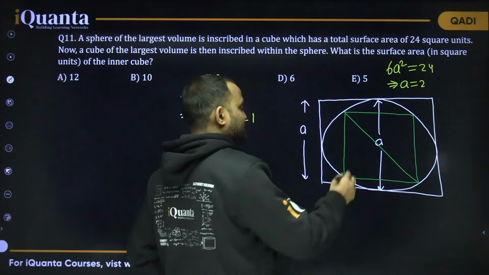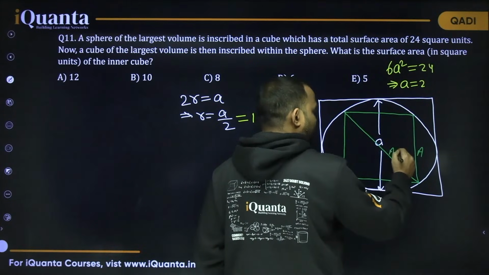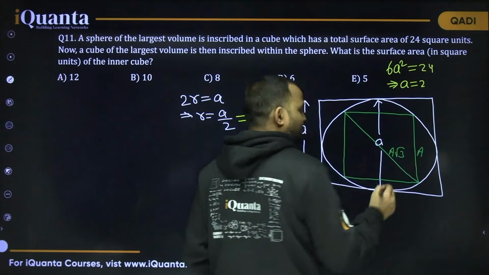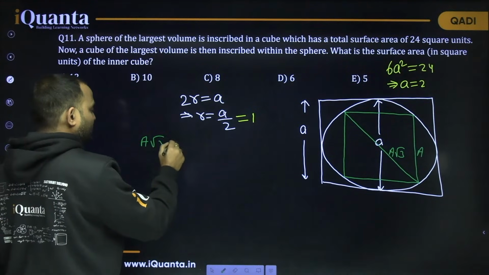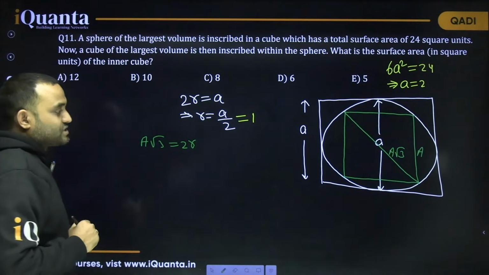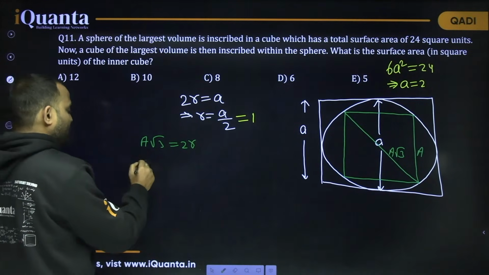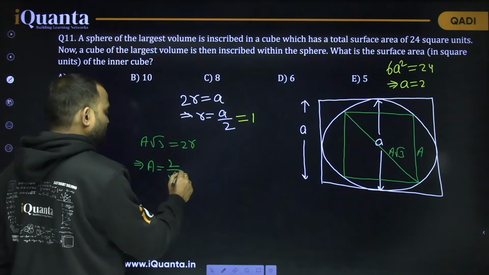If the side length of this cube is A, the body diagonal will be A root 3. What we can say? That A root 3 is equal to 2R. A root 3 will be equal to 2R, or A will be equal to 2 upon root 3.